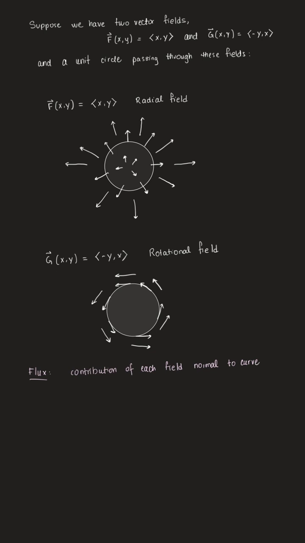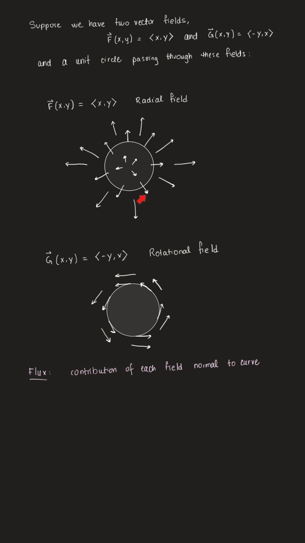In the radial field, we see that our vectors are always normal to the unit circle. So we should expect a lot of flux, because a lot of the vector field is aligned with the normal at each point. We have an outflow of the vector field.